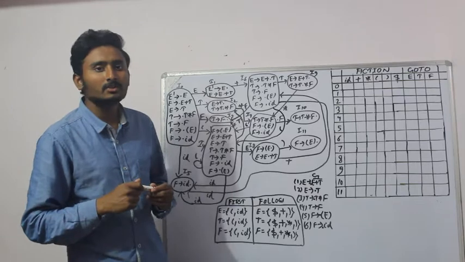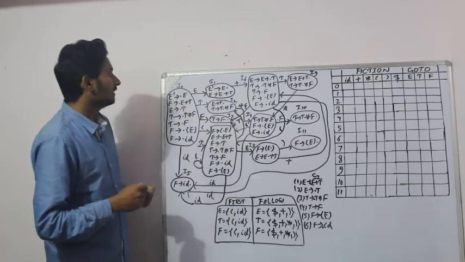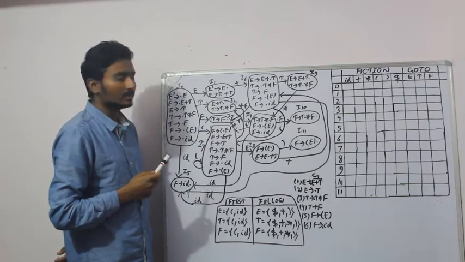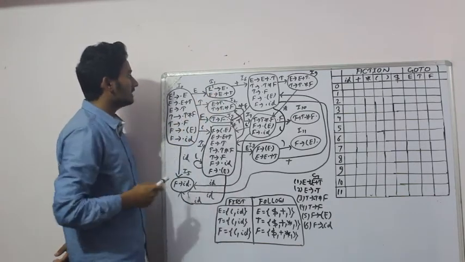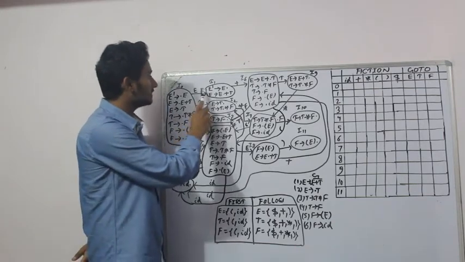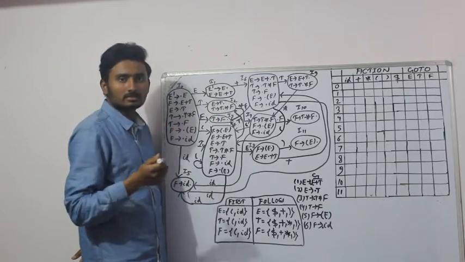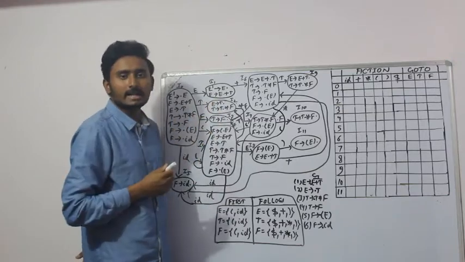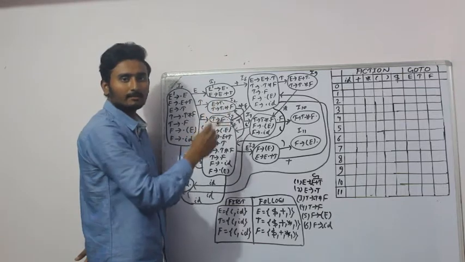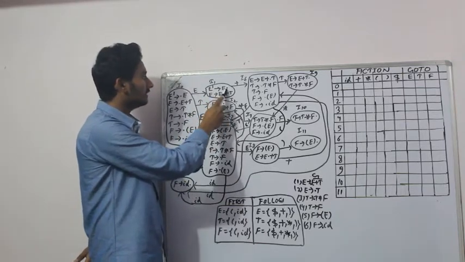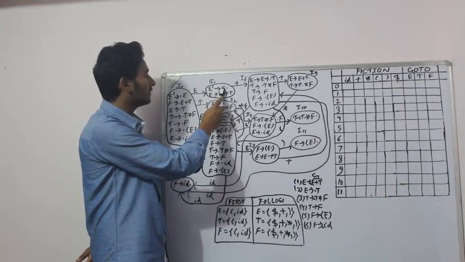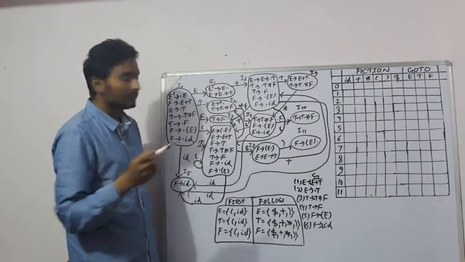In the last video I already discussed the use of E' derives E. This extra production is added in your augmented grammar to have an accept state.